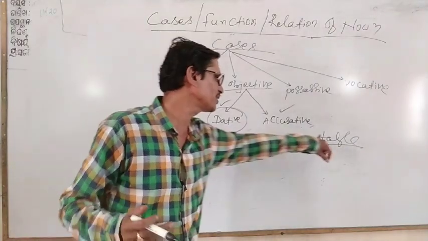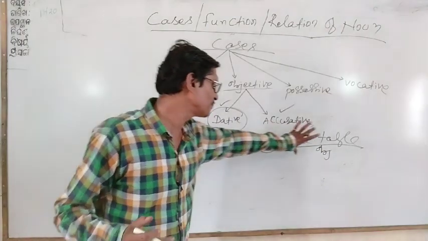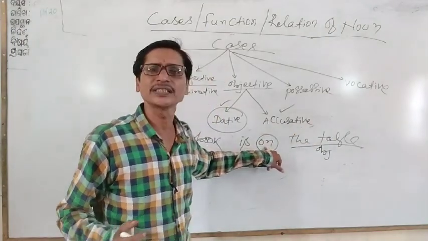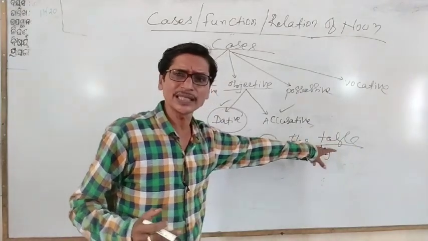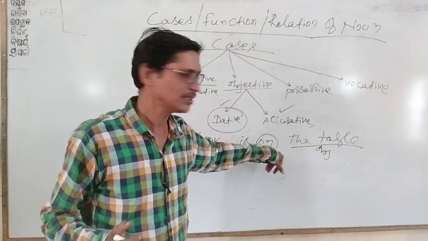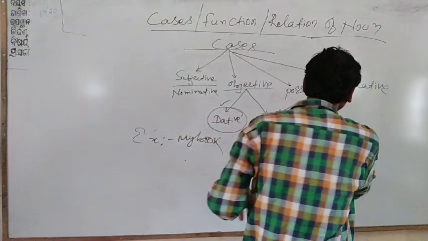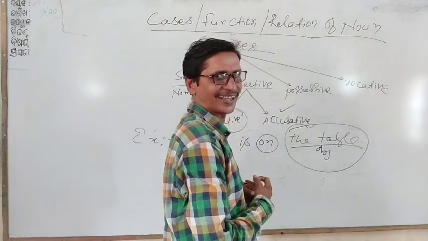The verb has nothing to do with this table. This table is related with "on". Therefore, this table, which is an object, is functioning as the object of a preposition. Therefore, it is called accusative case.